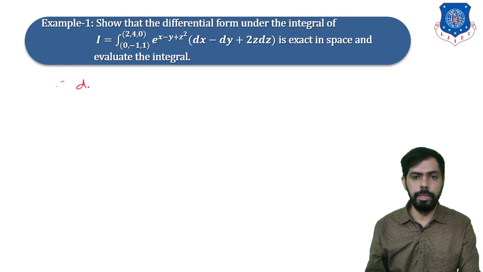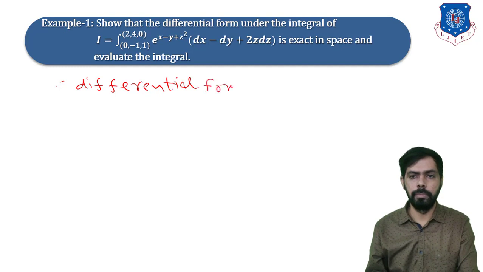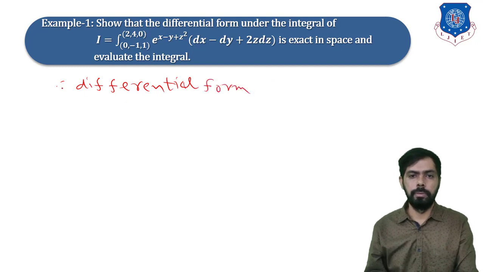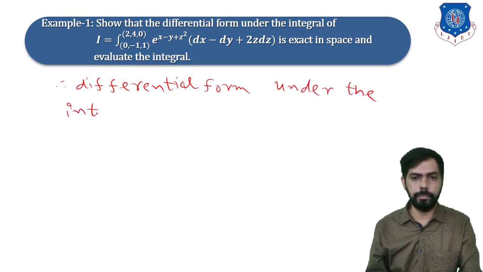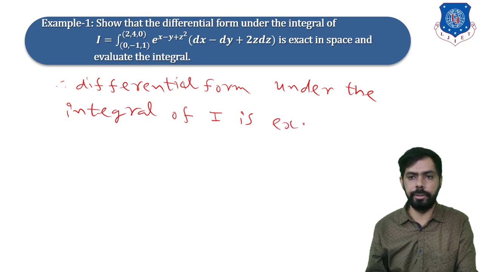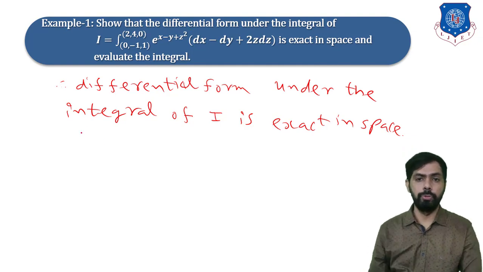Therefore the differential form under the integral of I is exact in space. Okay, now we will have to evaluate this integral. So for that purpose we will have to find the scalar potential.